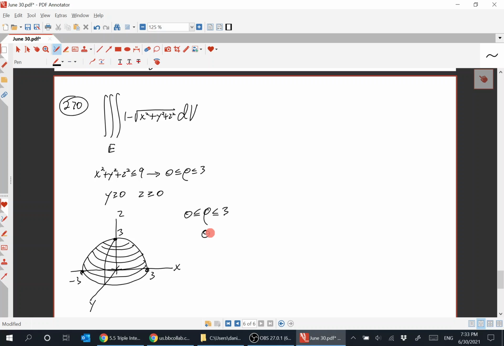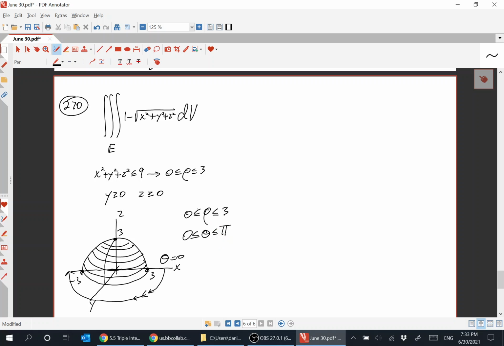What about theta? So theta is going this way in this picture. Right? This is theta equal to 0 right here, the x-axis, going all the way to the negative x-axis. Right, so theta is going from 0 to pi.